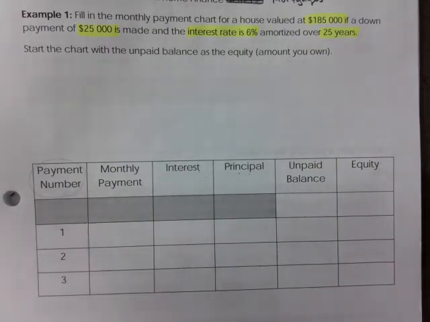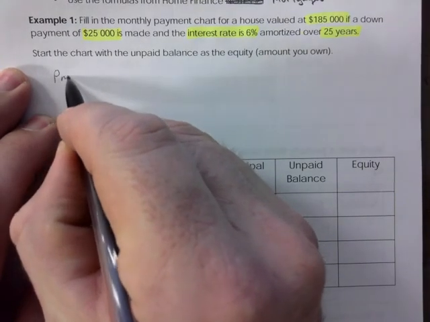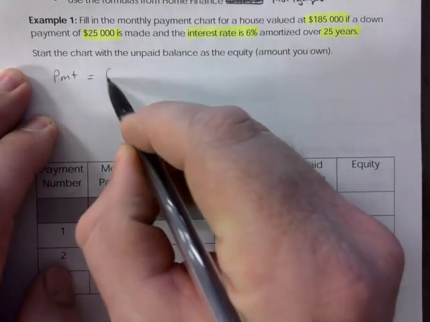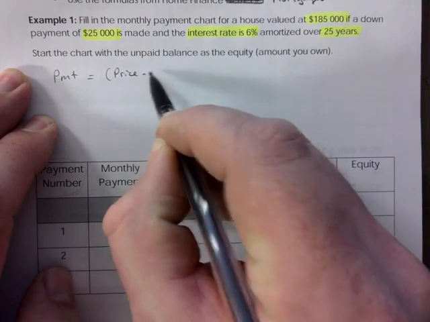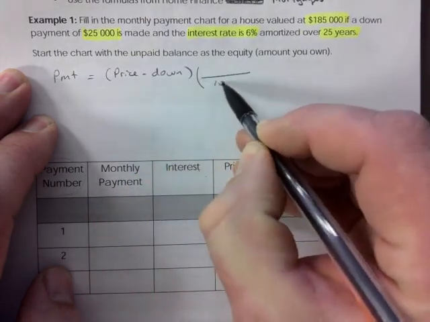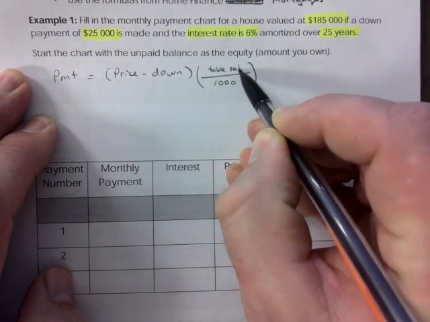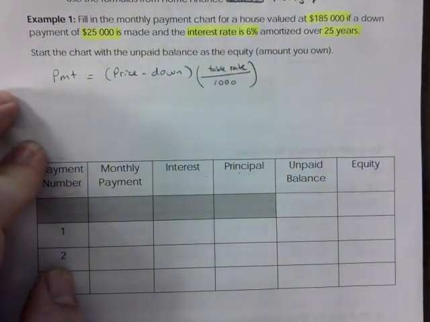All right. So the first thing you need to do is find the monthly payment, unless I give it to you. In this case, we don't have the monthly payment. If you recall, the payment is price minus any down payment, which you multiply by the table rate divided by 1,000.